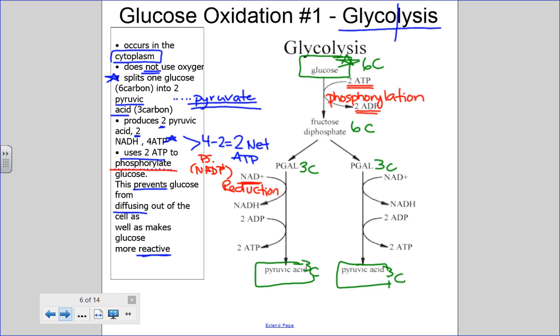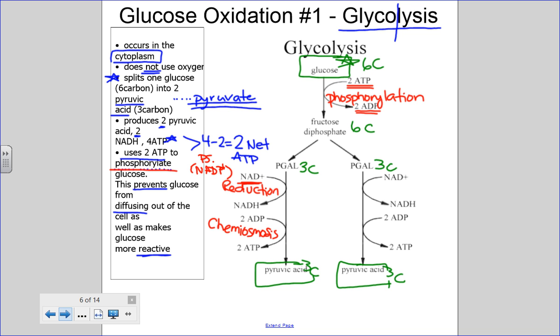It happens on both sides. ATP is getting made, so I'm reducing ADP. I'm going to write the word chemiosmosis here because that's how I get ATP all the time. And then the last thing that I'm going to add is this.